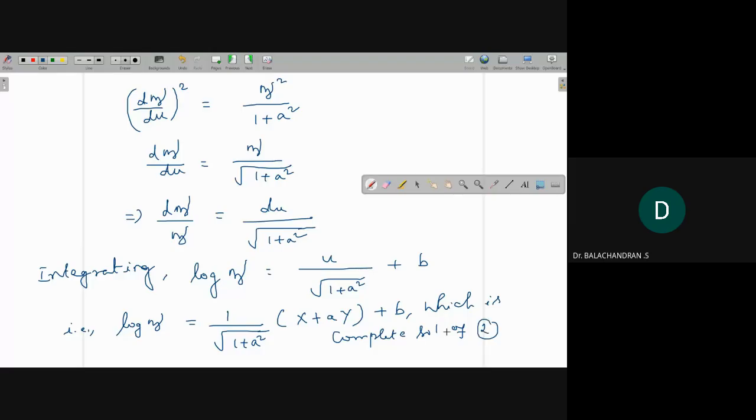Now, actually, we need to find the complete solution of equation 1. For this, you need to write capital X and capital Y in terms of small x and small y.